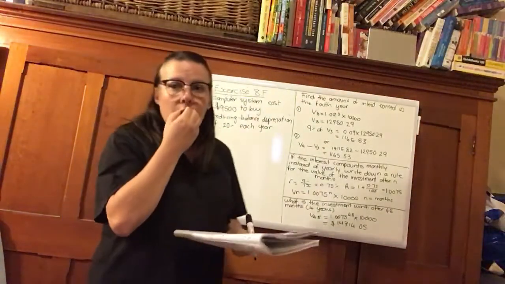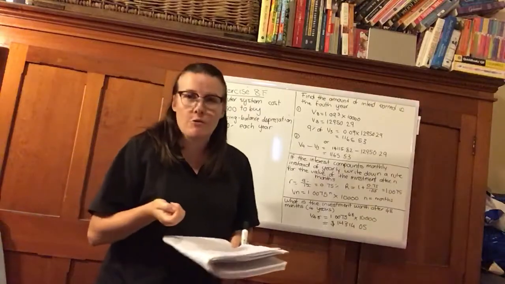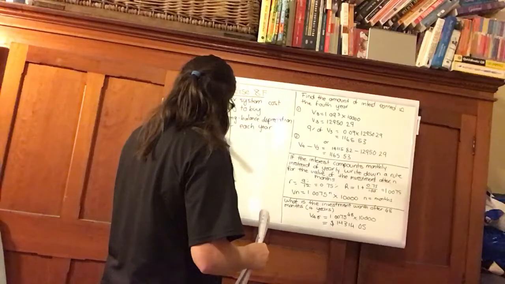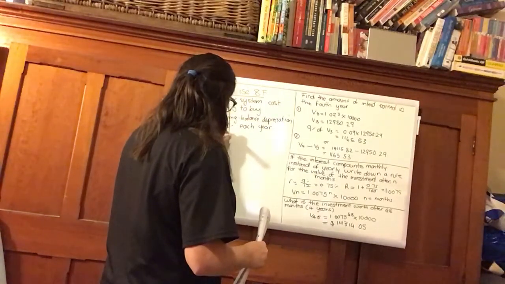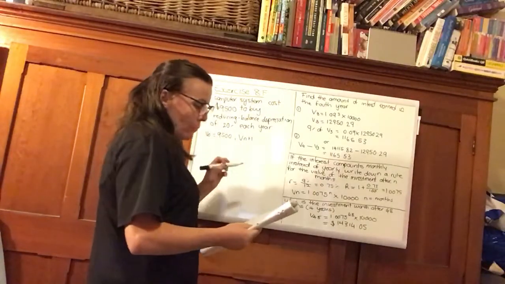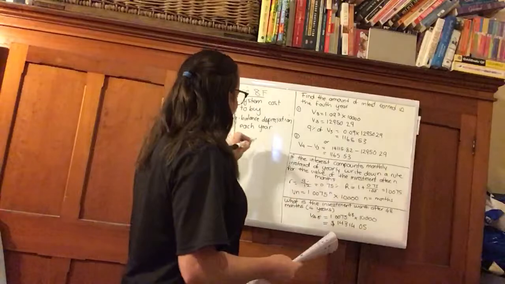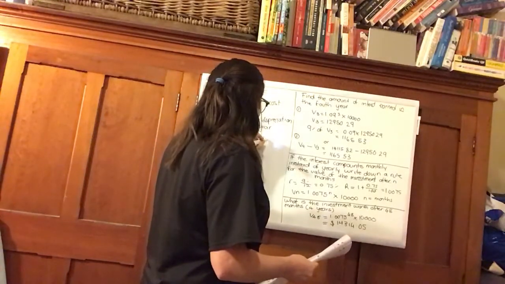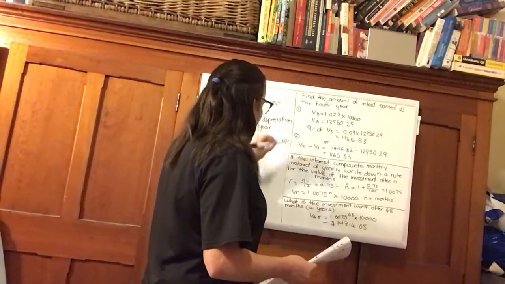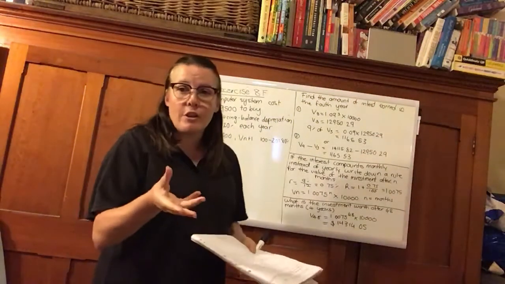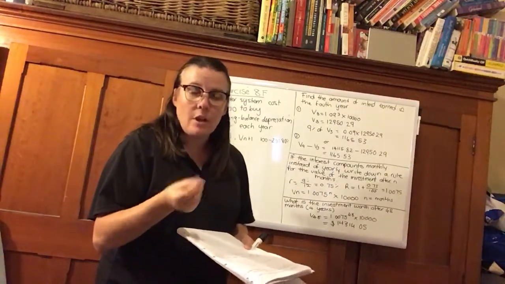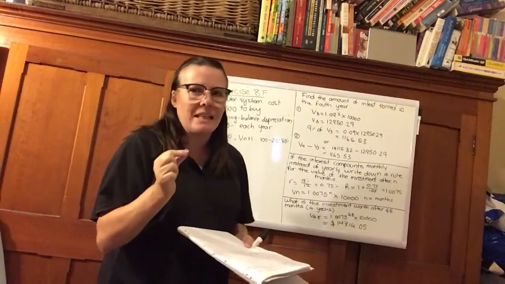Okay, so the first thing we want to set up is our recurrence relationship for this situation. So our V0 is obviously going to be 9,500. Now, to work out this rate, we've got 100% minus the 20%, that gives us 80%. So at the end of the first year, we're going to have 80% of the value left. So we don't want to put 20% in here.